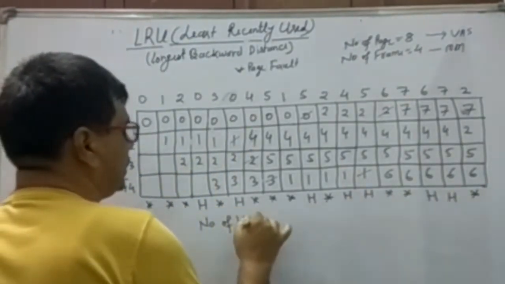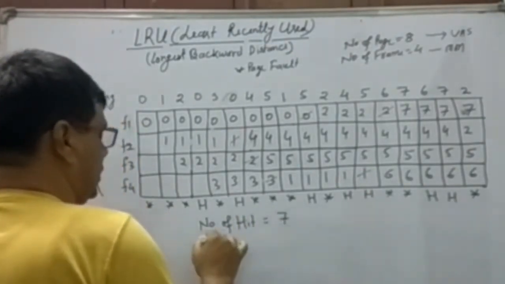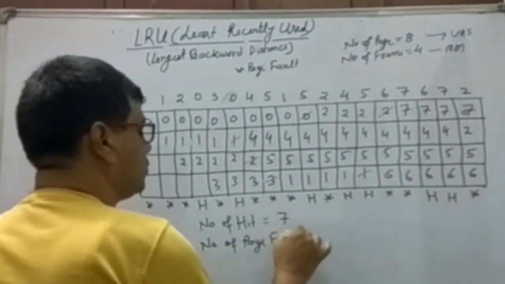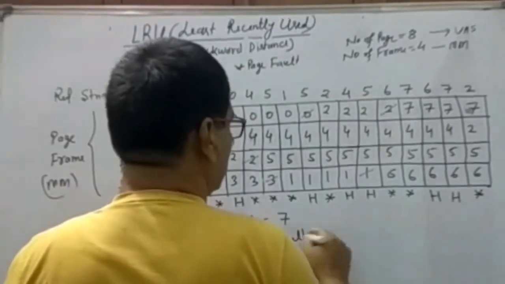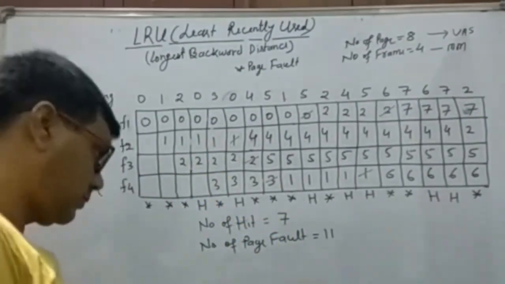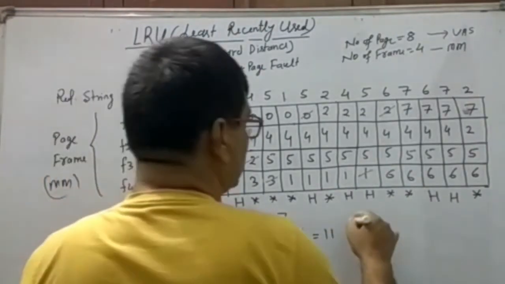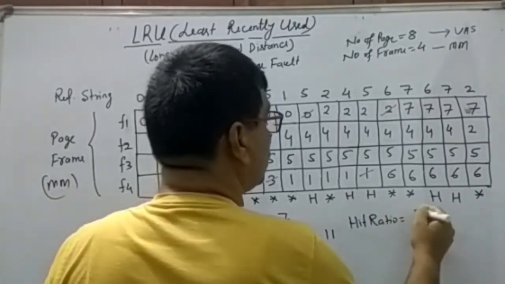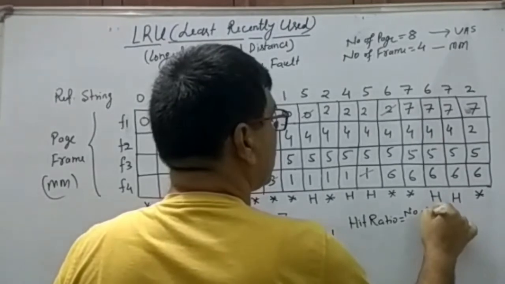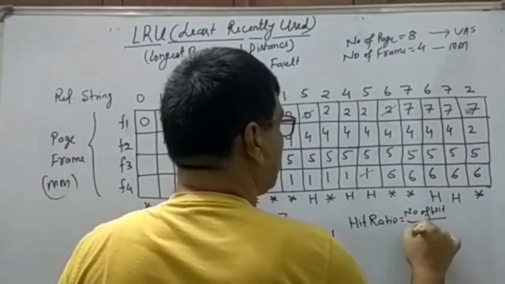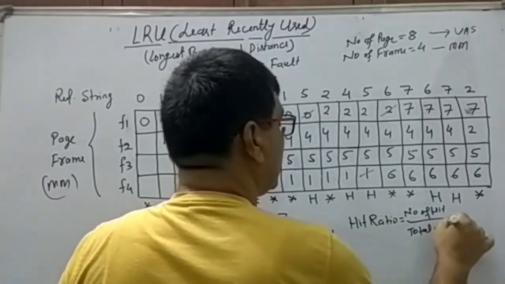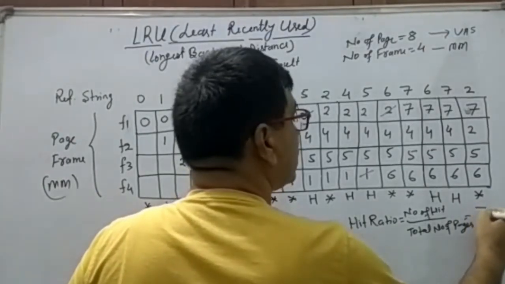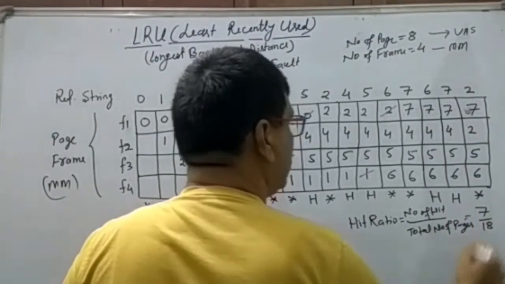Number of hits is equal to 7 and number of page faults is equal to 11, and hit ratio is equal to number of hits upon total number of pages. That is equal to 7 upon 18.